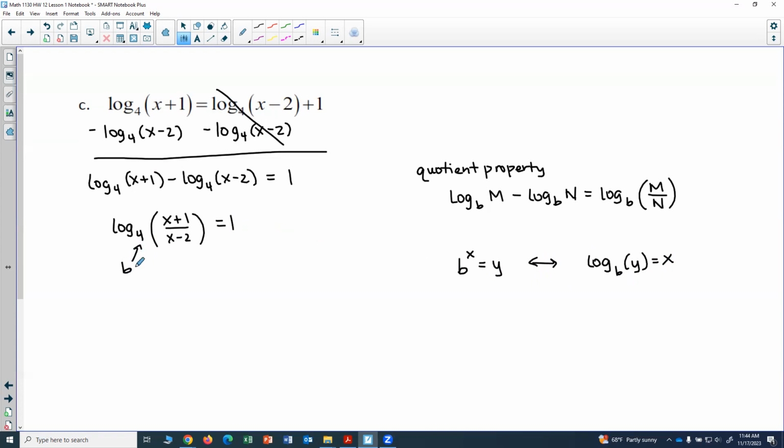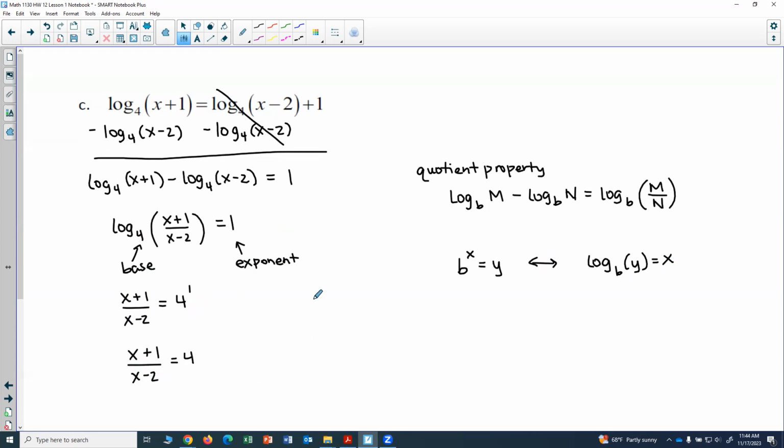The exponent will be whatever is on the other side of the equal sign. The output of the log is the exponent. So this will be x plus 1 over x minus 2 equals 4 to the first power. Now 4 to the first power is just 4. So I have x plus 1 over x minus 2 equals 4.